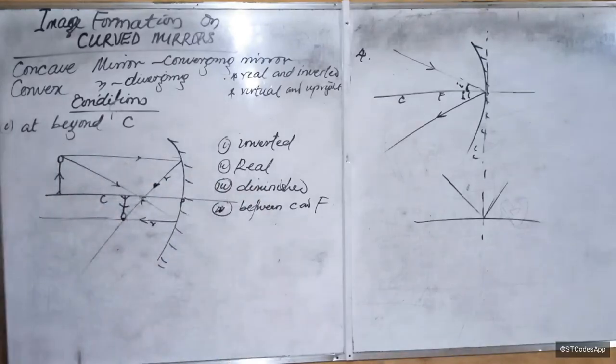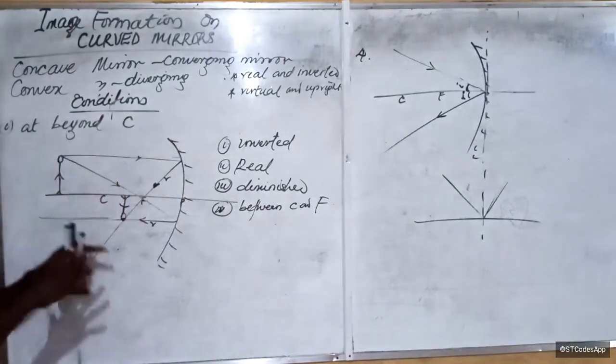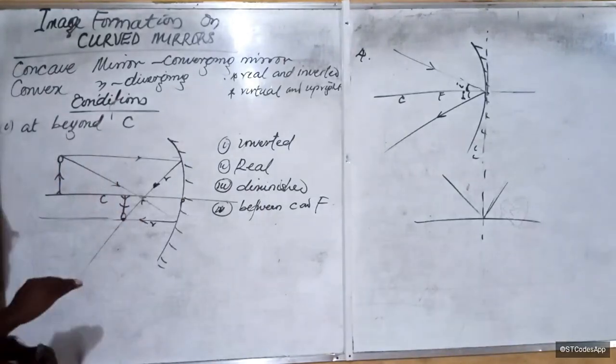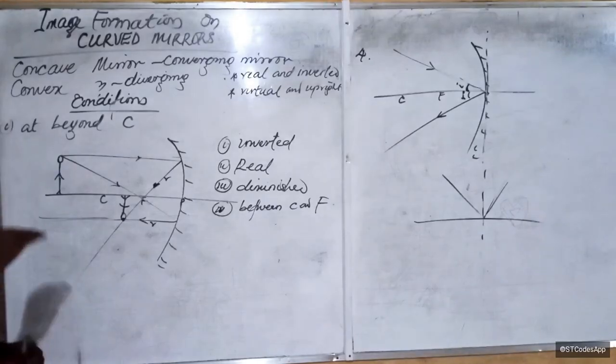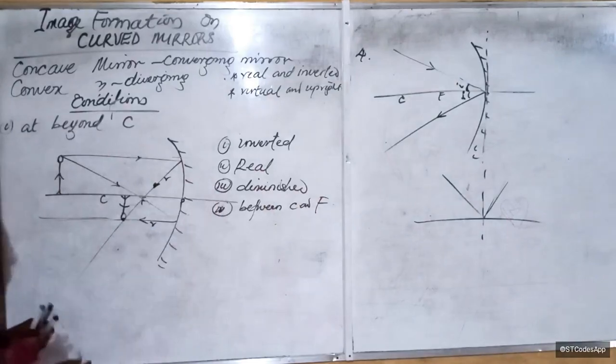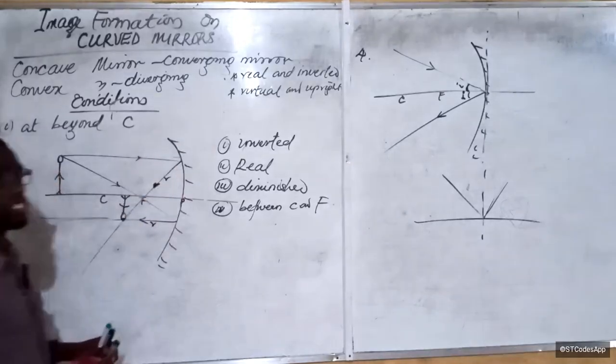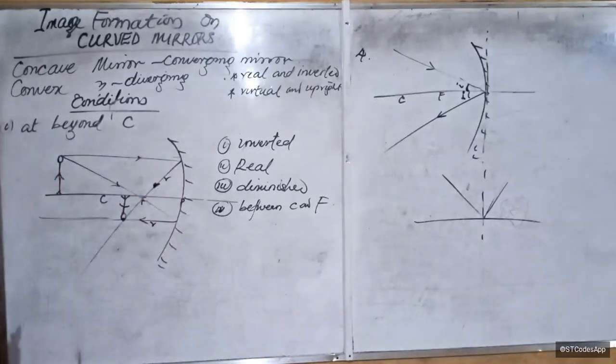In as much as you drew the entire thing accurately, you produce your rays accurately, you are going to form your image between C and F. So these are the 4 major points that are needed for your exam.